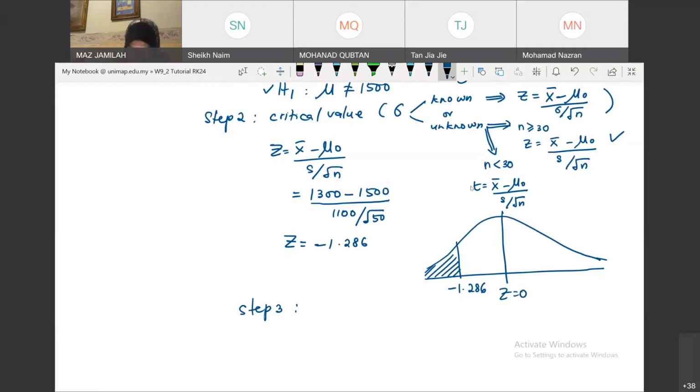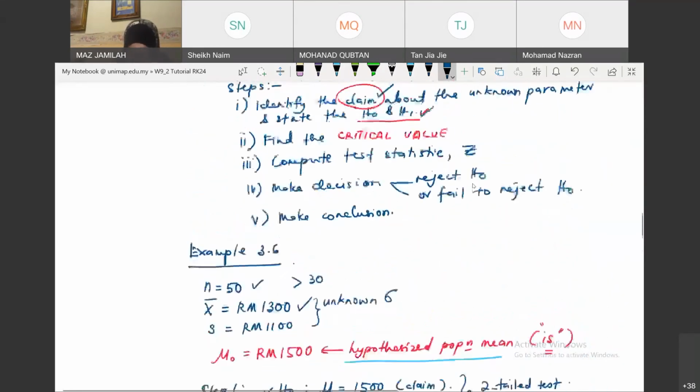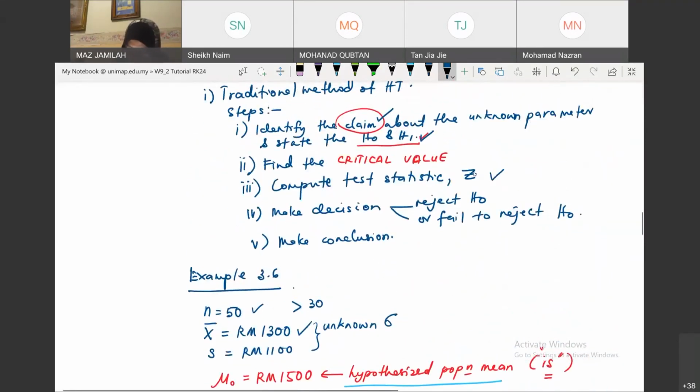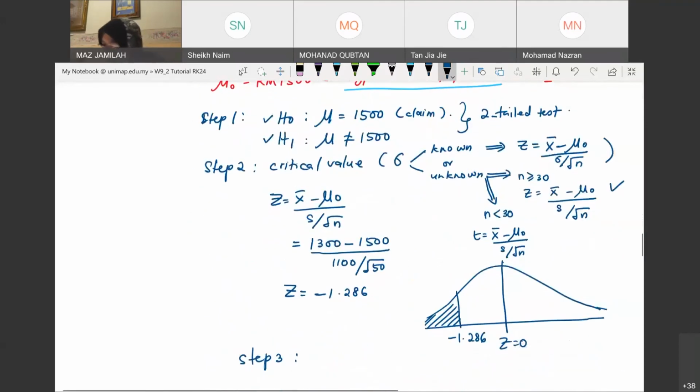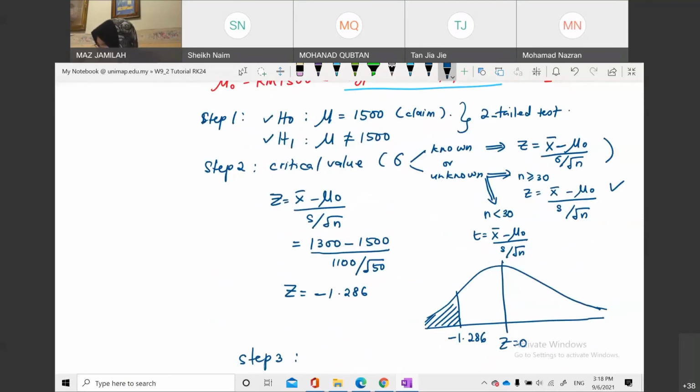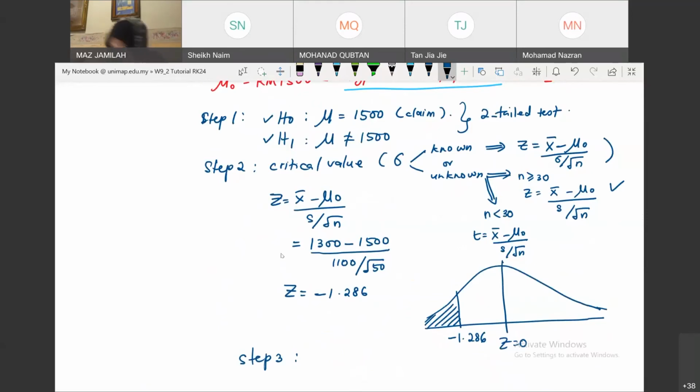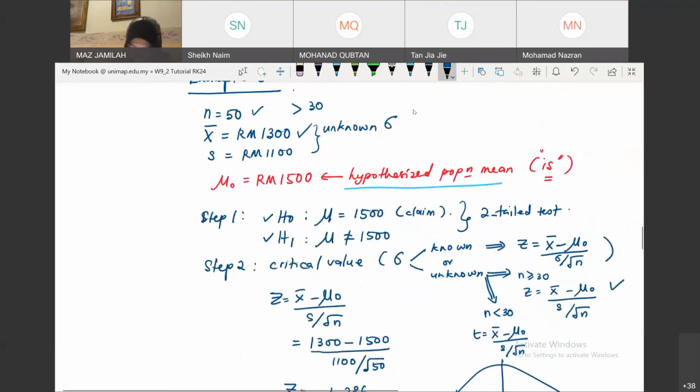At the third step, you need to find the critical value. Okay, this is the test statistic, class. It's okay, I missed out.